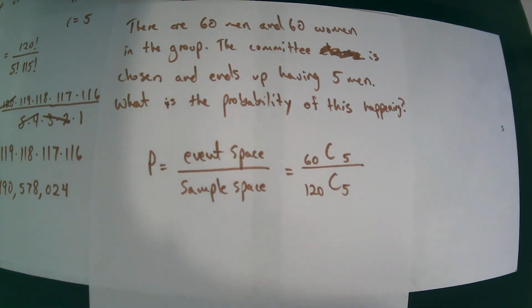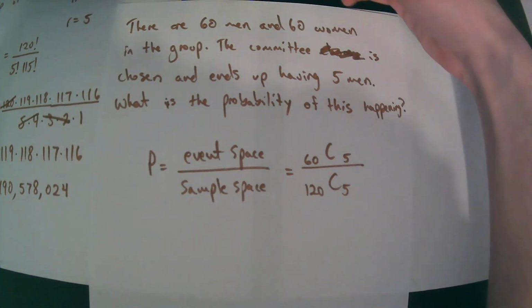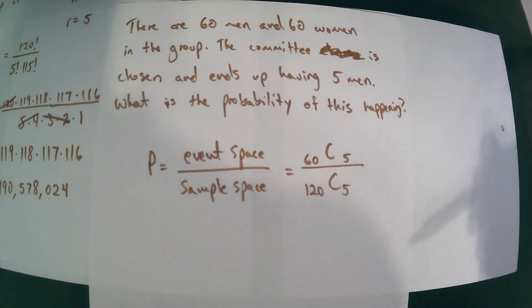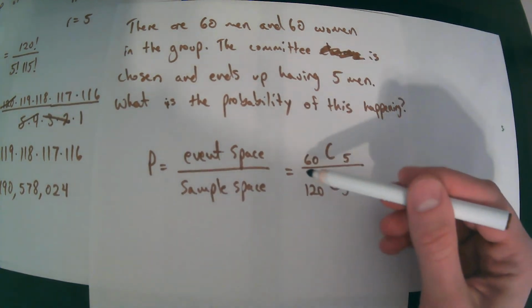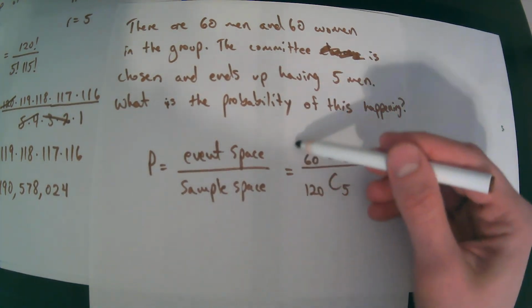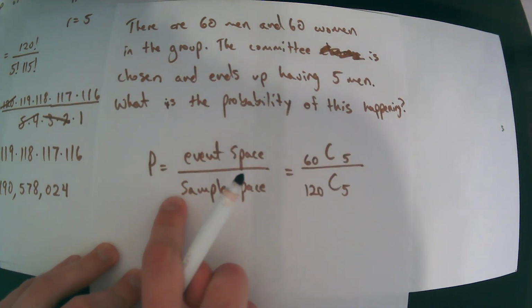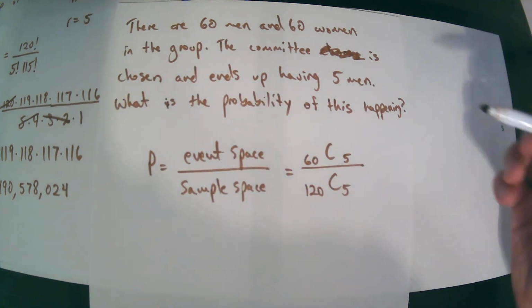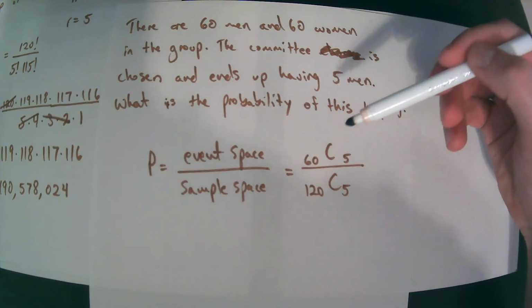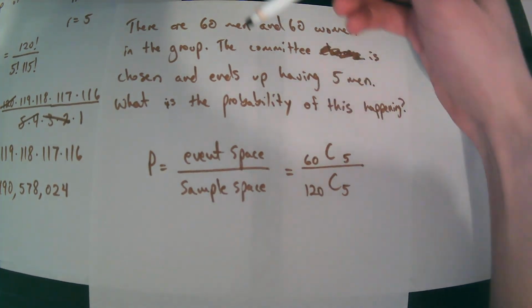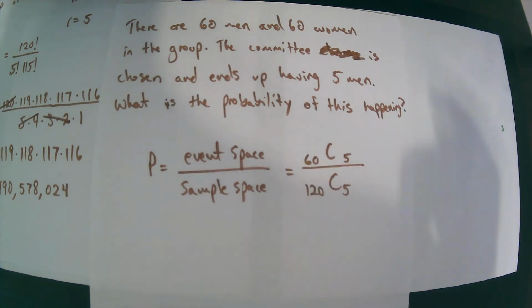So we're trying to calculate the probability of just picking the entire committee just from that half of the population. So this is the size of the event space, the number of ways to choose 5 people from just half of the population, that's why it's 60 there.